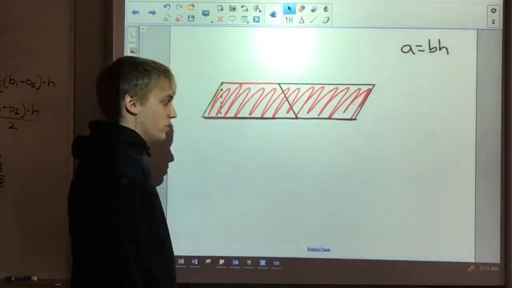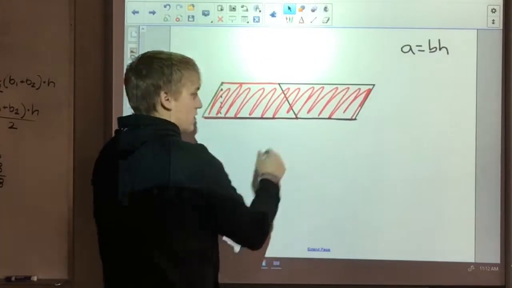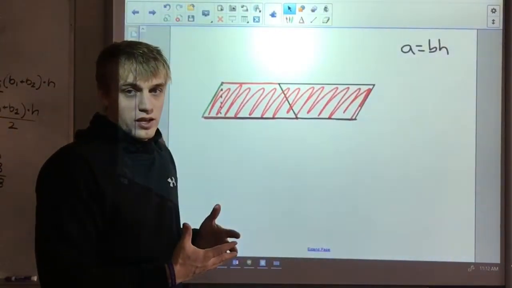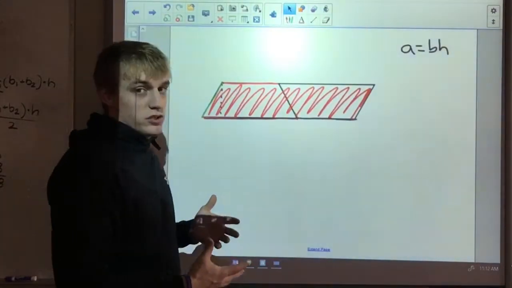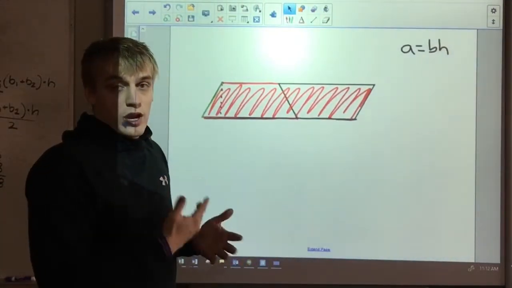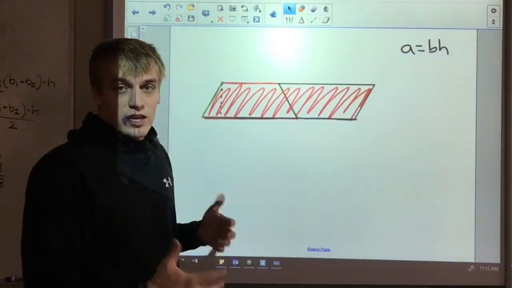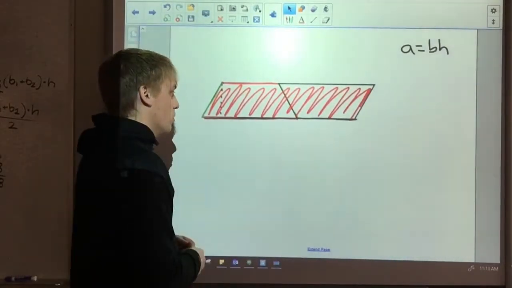Okay? Well, if a trapezoid is just half of a parallelogram, we can do area equals base times height divided by 2. That won't give us the answer. That's the formula for a triangle. So what are we going to do?